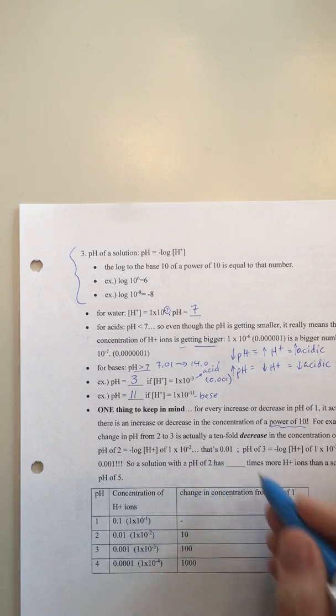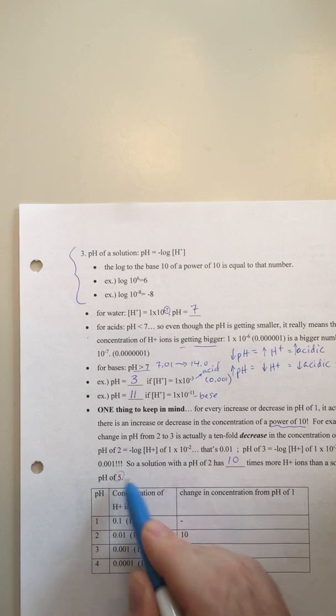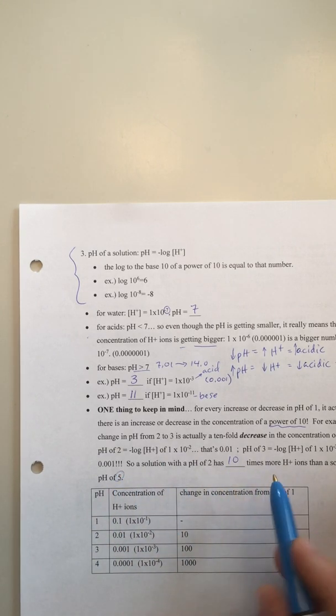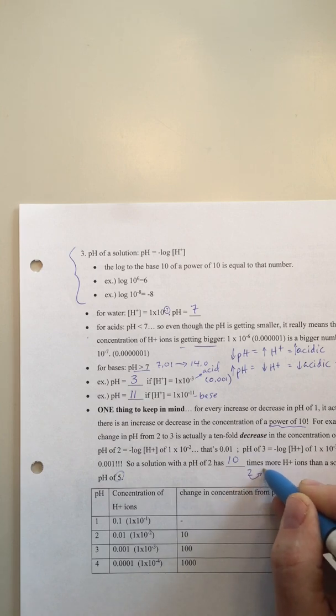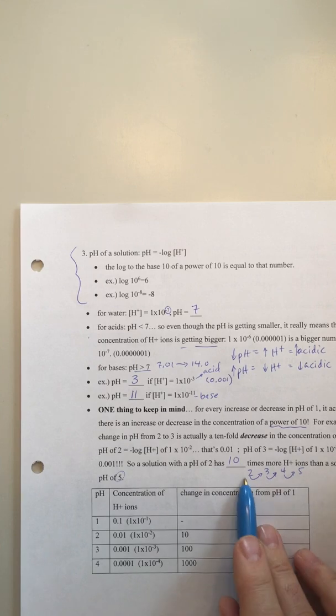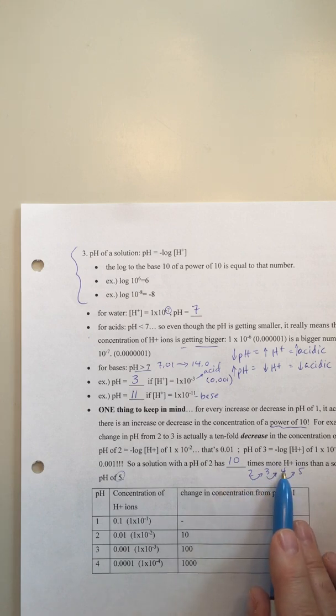So if you saw these two, you should be able to see that the pH of 2, which is this one, has 10 times, oh, I should read this better, that's 5. So if we go from 2 to 5, that's going from 2 to 3 to 4 to 5. So from 2 to 3 is 10. From 3 to 4 is multiplied by another 10, that's 100.